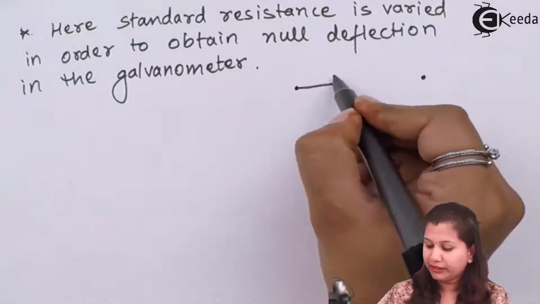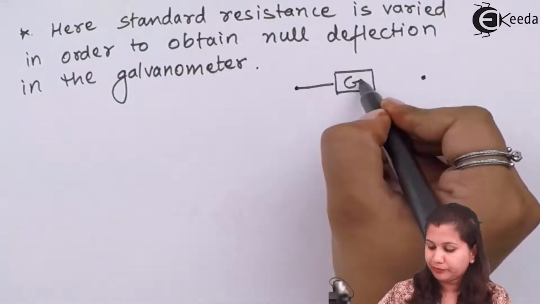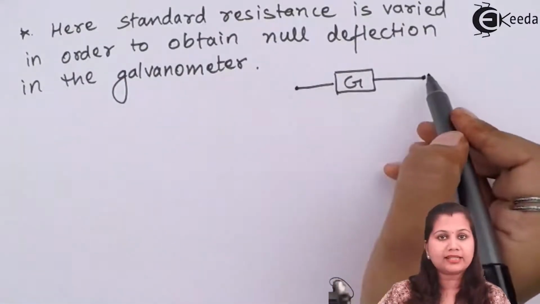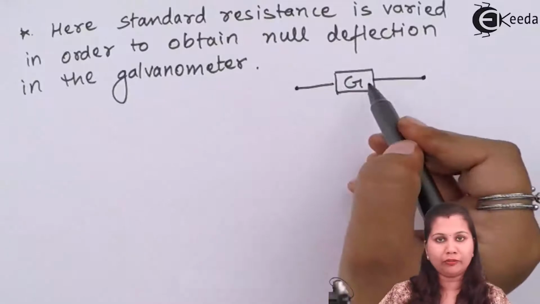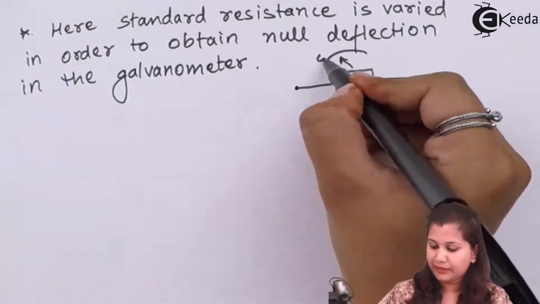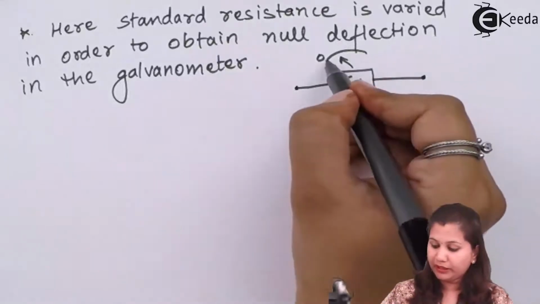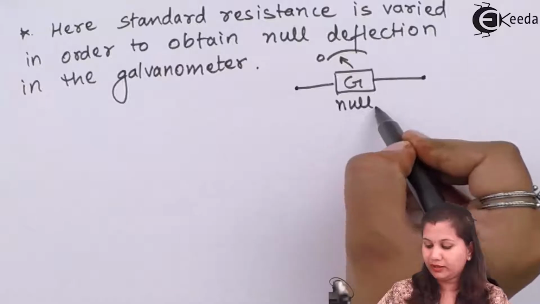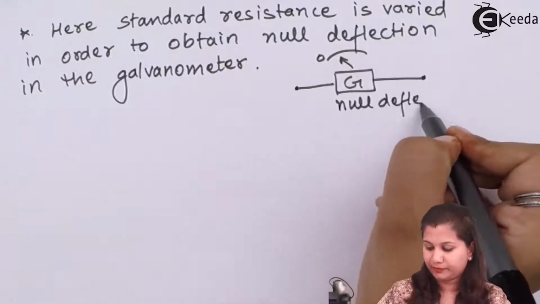So we connect the galvanometer in between. Now when these 2 points are at the same potential, the galvanometer will indicate 0 on the calibrated scale. So when the pointer is at 0, it means the galvanometer is showing null deflection.